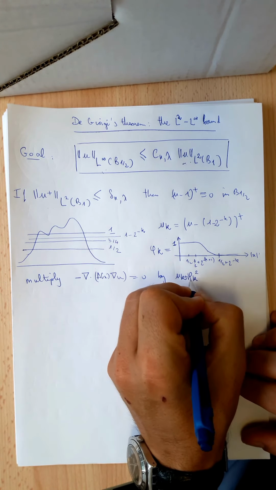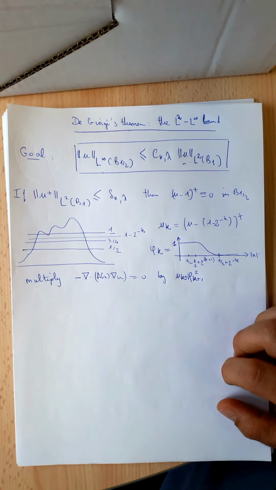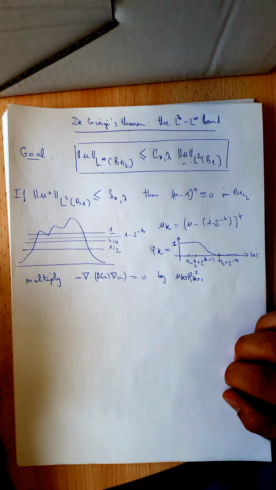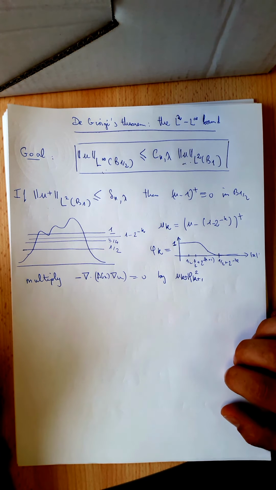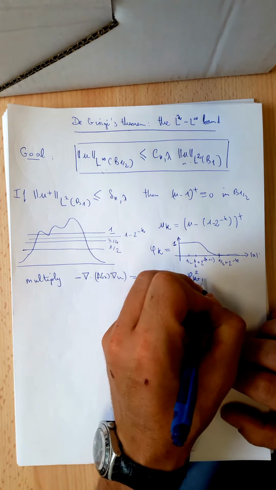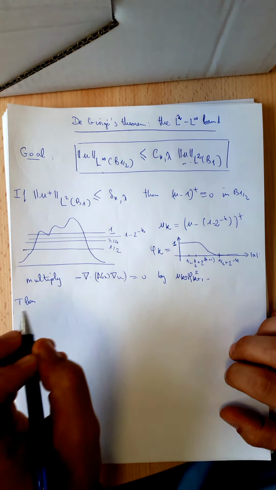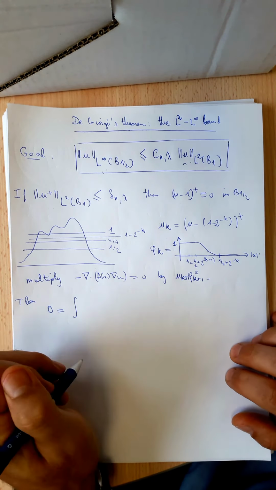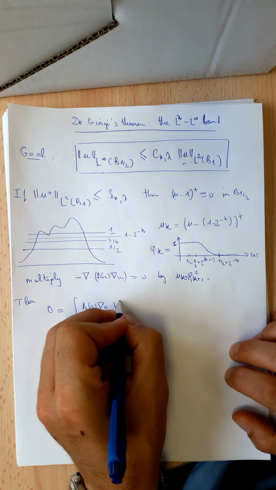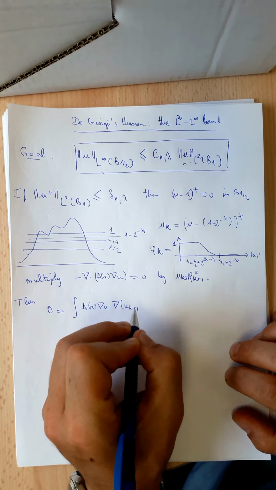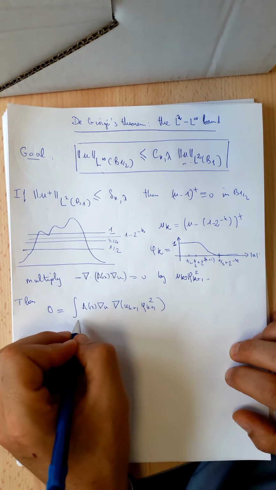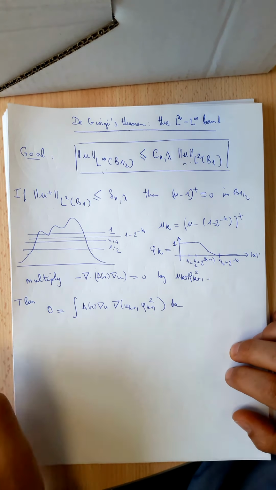So let's do this at the level k plus 1, because our goal is to get again a recurrence relation between u_{k+1} and u_k. So what do we get when we do this? Okay, we have that 0 is equal to the integral of A(x) grad u times the gradient of u_{k+1} phi_{k+1} squared dx.